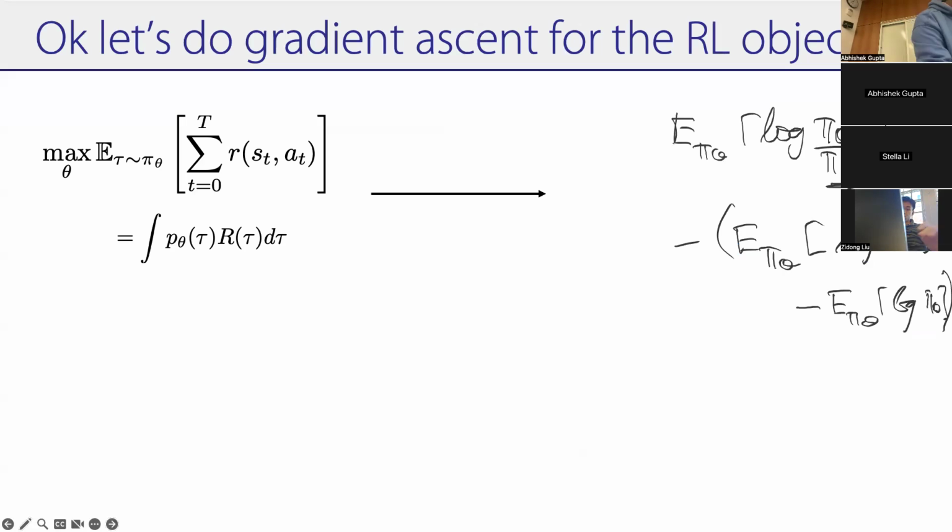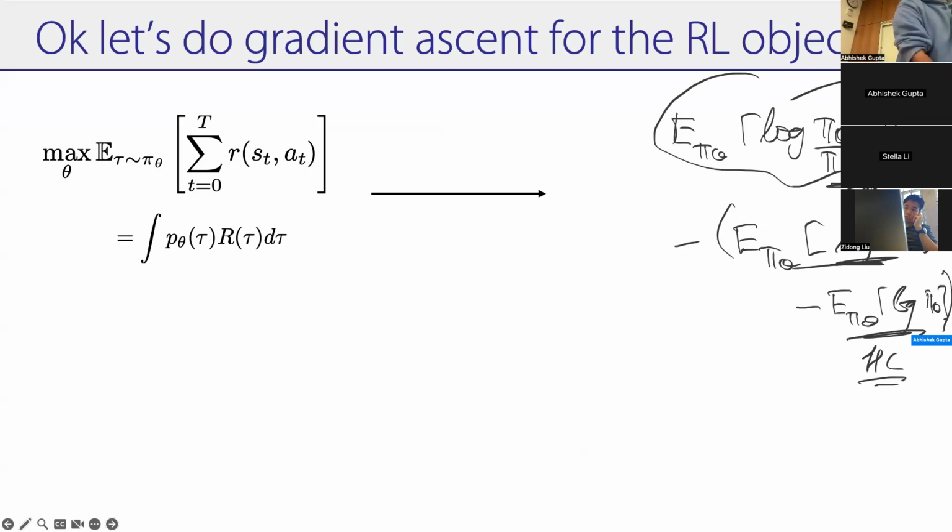And if you think of this as r, or actually you want to think of this as the sum of r along the future trajectory, and this you can think of as entropy, then you can show that the reverse KL objective is like maximizing the sum of rewards plus entropy.